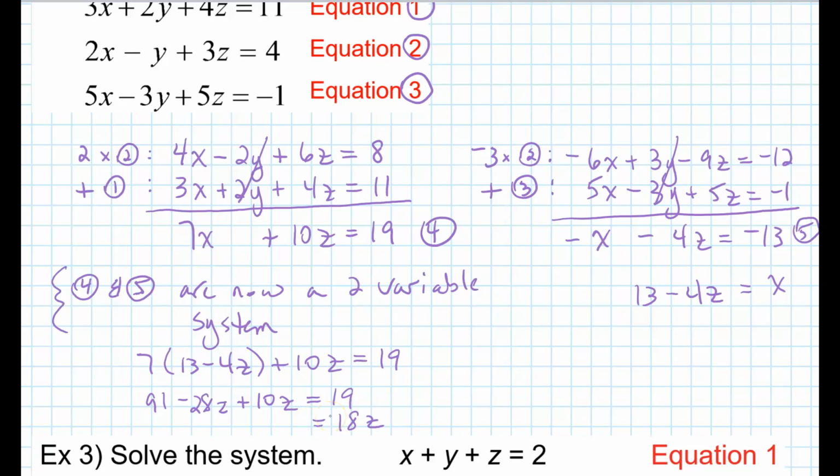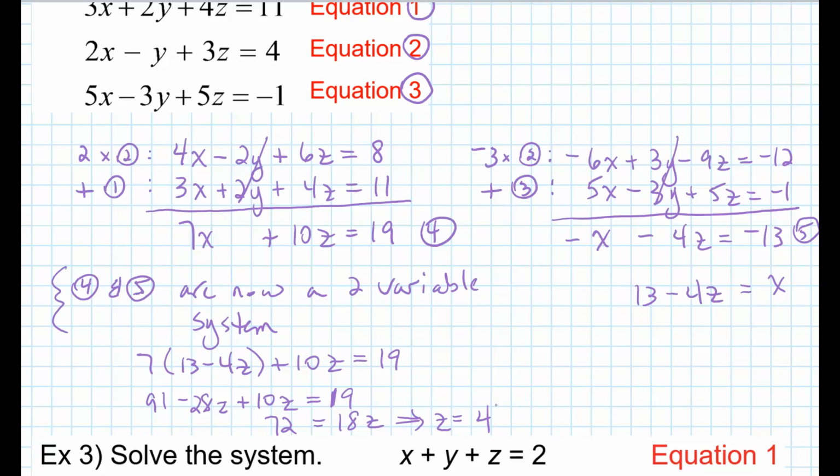And when you move the 19 over, it would be 91 minus 19, which is 72. So what does that mean z is? 72 divided by 18. Z is equal to 4.